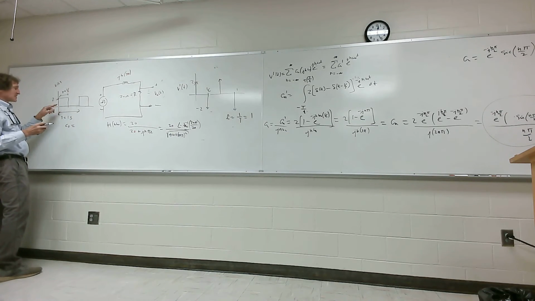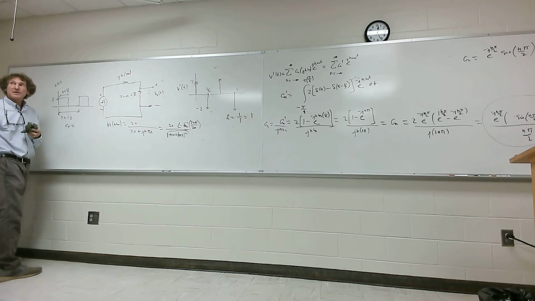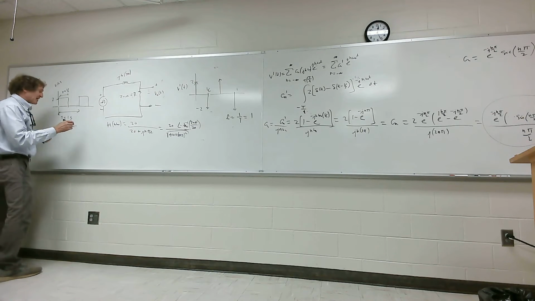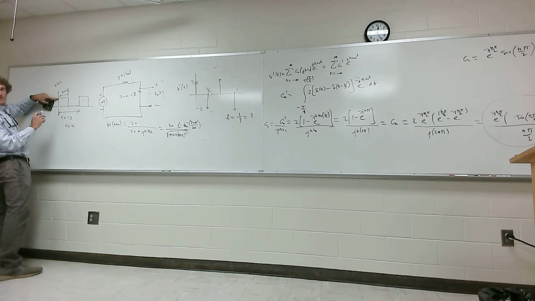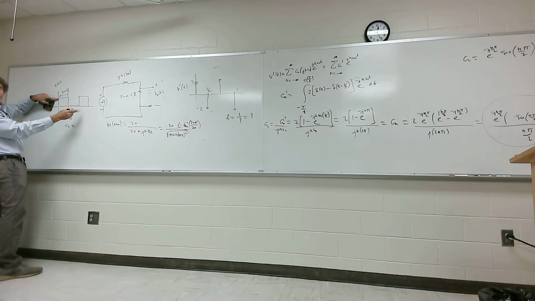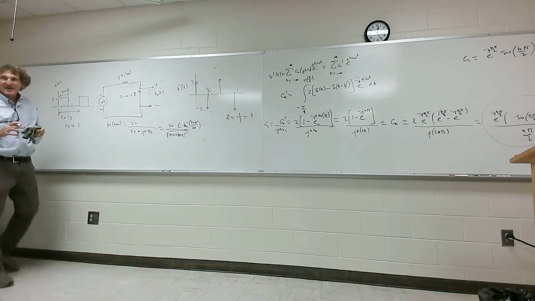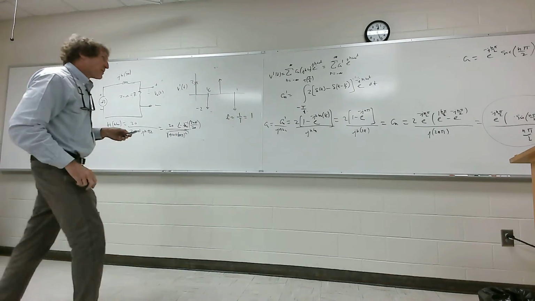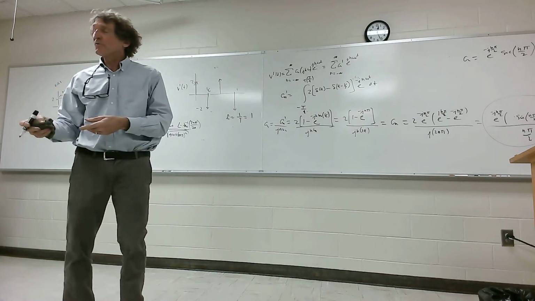The area under here is what? 2 times a half is 1. The period is 1, isn't it? Isn't that height 2? 2 times a half is 1, right? Divided by 1, 1 over 1 is 1. I'm just saying, I make mistakes. You all with me? All right, now I've got C0.